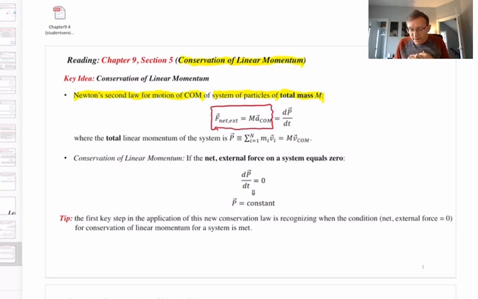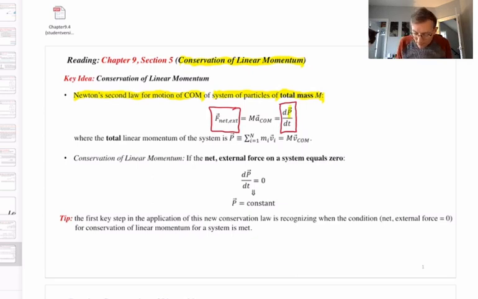Now, if you read section 5 in the book, they will explain how the following equality is also true. F net external is also equal to the rate of change of, look at the symbol here, capital P arrow.